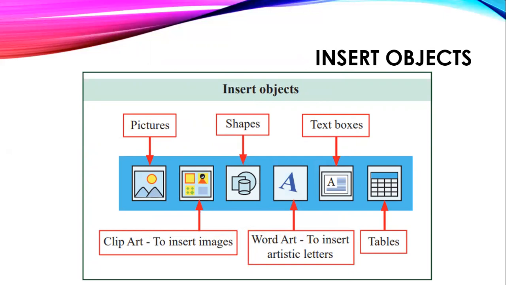Or you can use word art to insert artistic letters. You can create a nice card. You can create a nice document for your work. And the last one is tables. So you can insert tables and you can make your work easy.